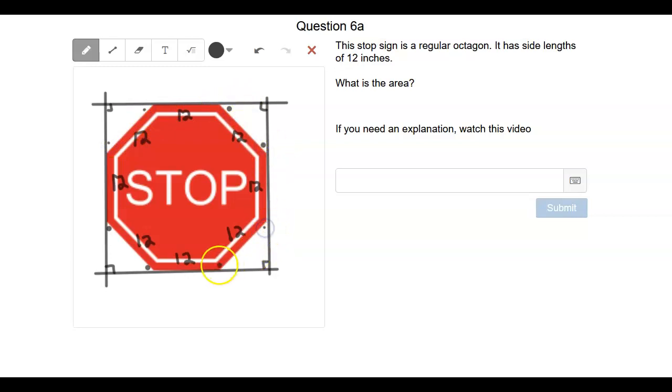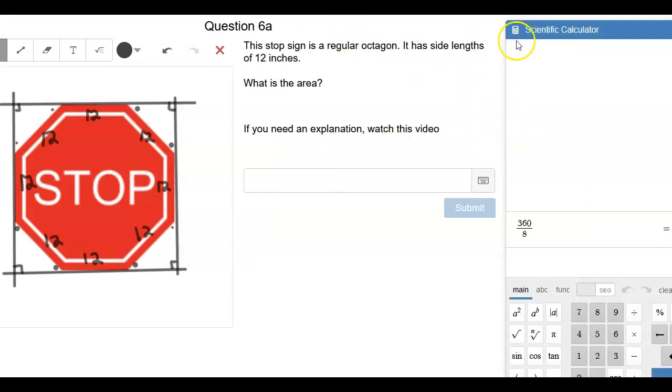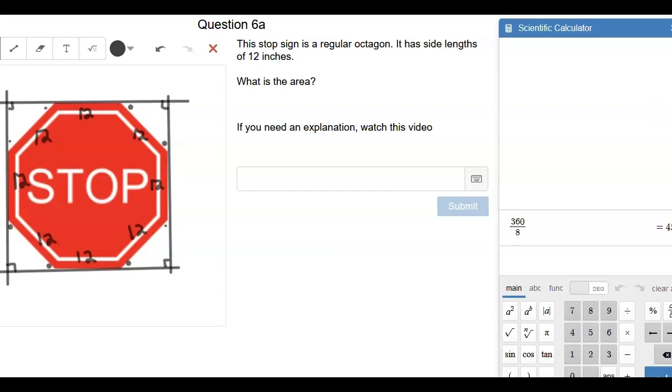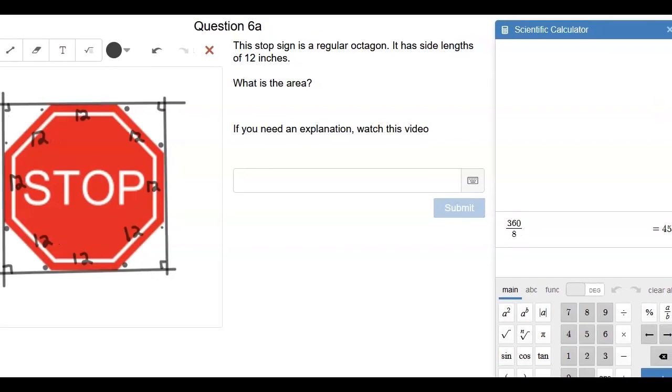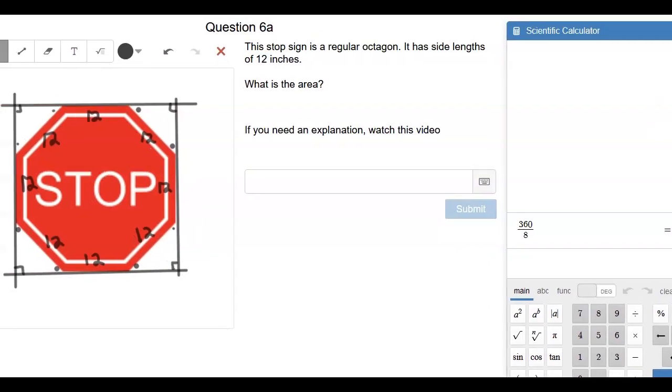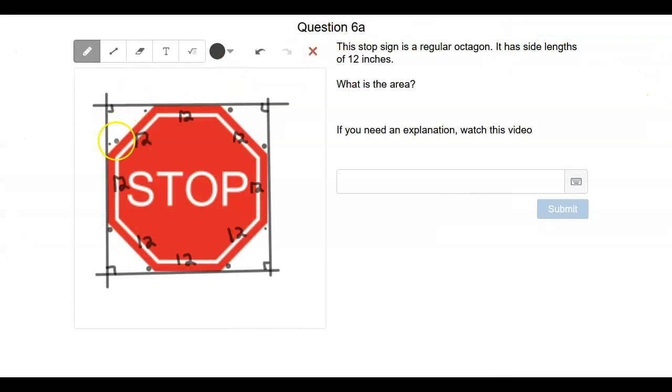So we have 8 of these angles out here. So we're going to take 360 and divide that by 8. And when we do that, we get 45. So each one of those angles inside of that stop sign, or in these little triangles here, are 45 degrees, which makes each one of these triangles a 45, 45, 90 triangle.